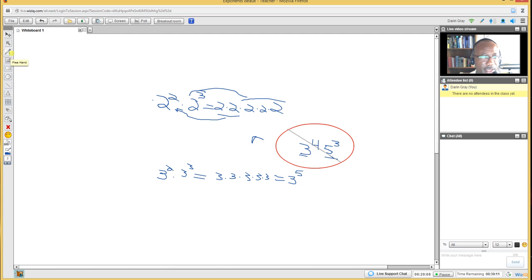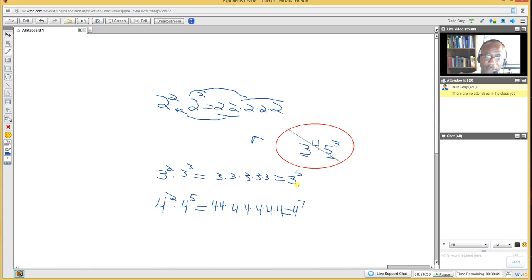So what happens is we have to have the same base, so that 4 to the second times 4 to the fifth is going to be equal to 4 times that for the first one, and then we'll have 2 and 5, which will give us 4 to the 7.